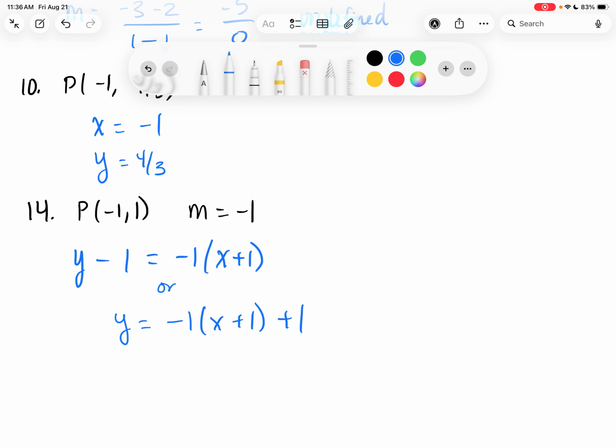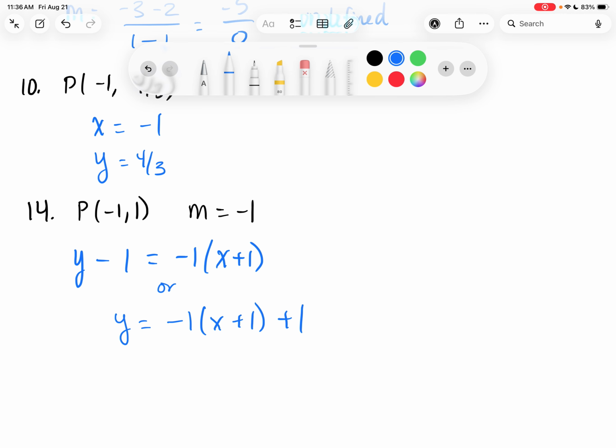But if they left it in point-slope form, yes. And on a free response question, I don't know that I've ever seen one that asks for the equation, but I can't remember off the top of my head. There's such a variety of questions in calculus, but I would say that they would take it in any format that you left it of the ones that we listed, as long as it doesn't specify.